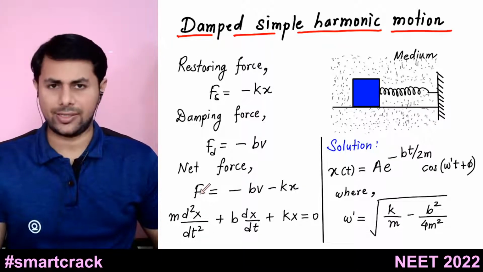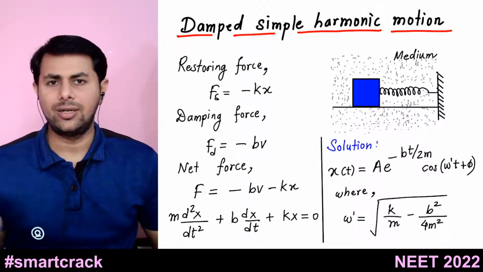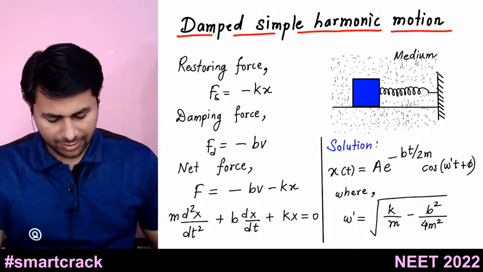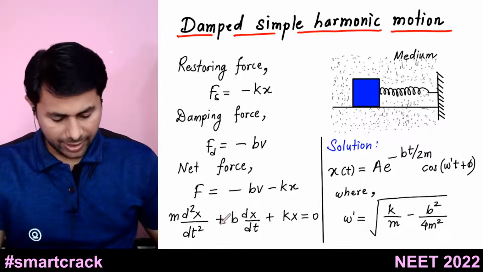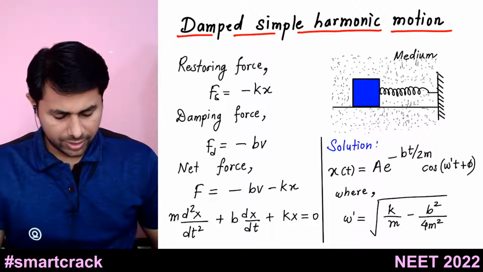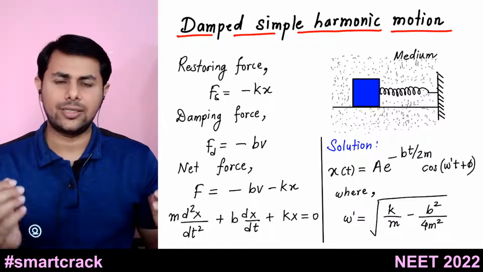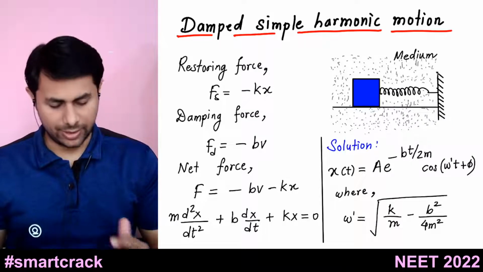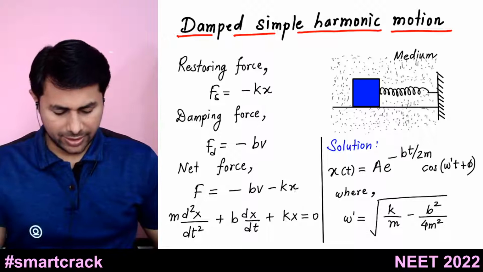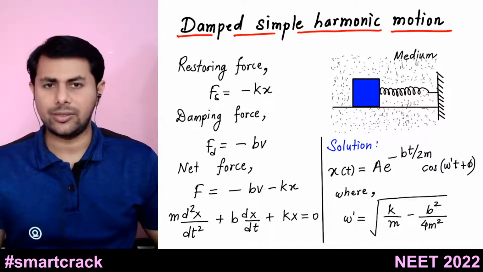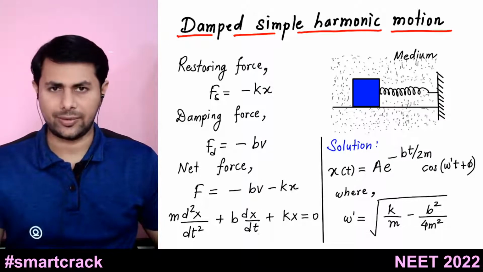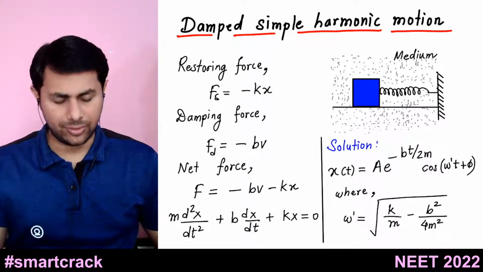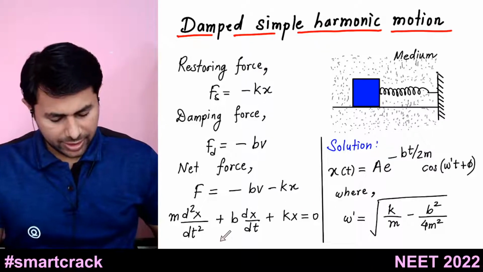Since acceleration is d2x by dt square, you get m into d2x by dt square, plus you have these two terms on the right hand side, they have negative signs. If you take them on the left hand side, their sign will be positive. Okay, so you take them on the left hand side and you also substitute v equals what? dx by dt, rate of change of position with respect to time. So you get this equation.